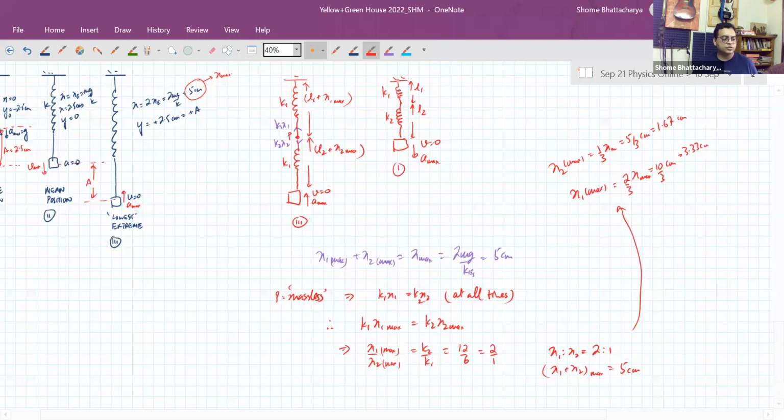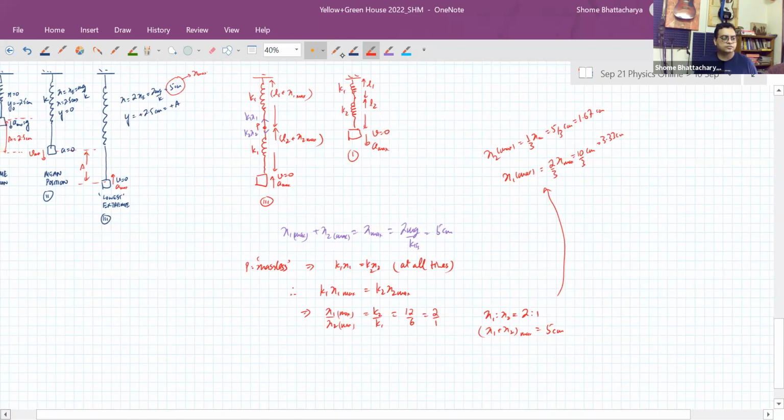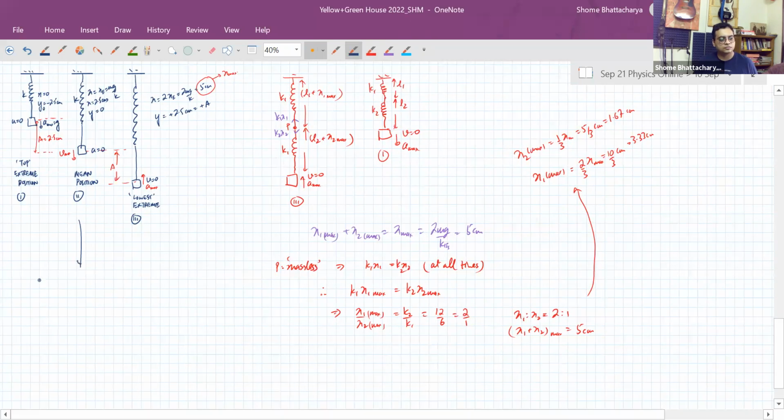Similarly, when they're at the mean position, x of this equivalent spring is this.